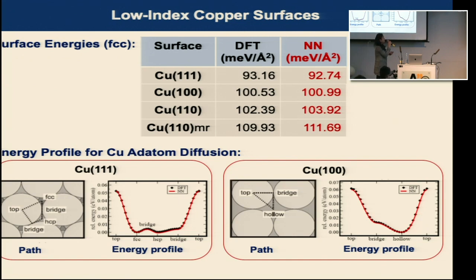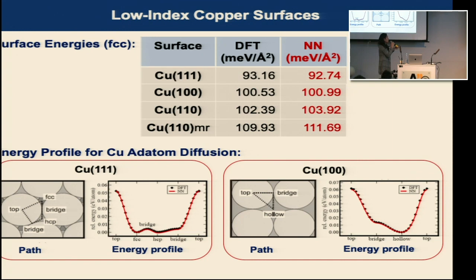For the second part that we would like to check, we set up the copper 111 surface and introduce 1 atom of copper on top of the surface, at a distance of 1.5 angstrom. Then we move that copper atom along this path and check the energy profile.